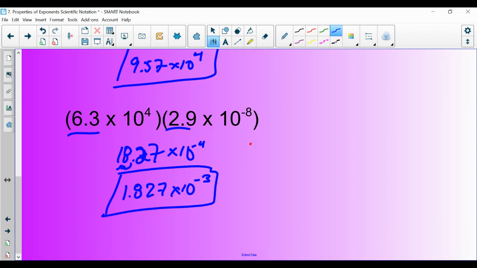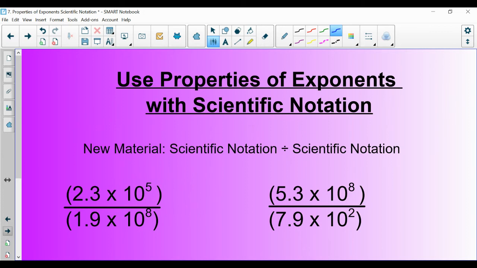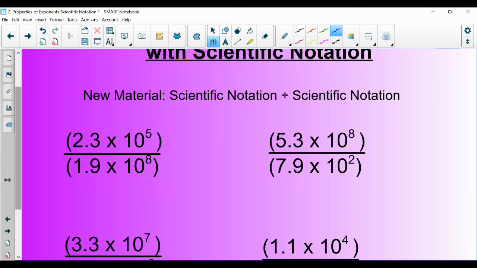So these are the examples where you are taking a number in scientific notation and multiplying it by another number in scientific notation. We are also going to have problems where we would divide numbers in scientific notation.